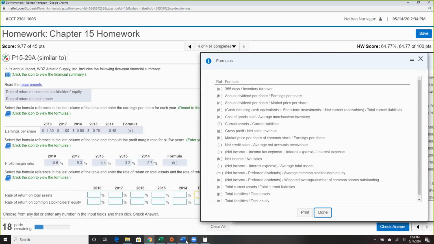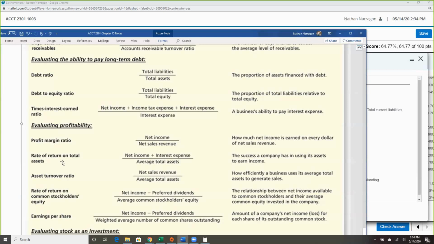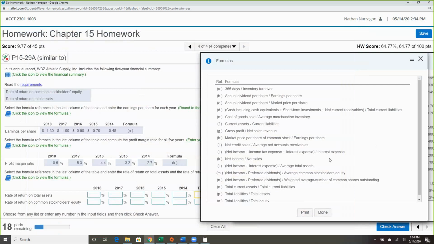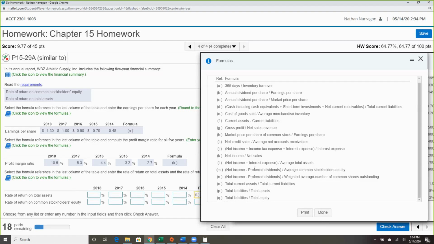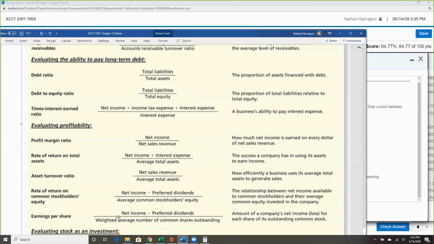Rate of return on total assets is net income plus interest expense divided by our average total assets, that's L. Common stockholders' equity is right next to it, M. Net income minus preferred dividends divided by average common stockholders' equity.